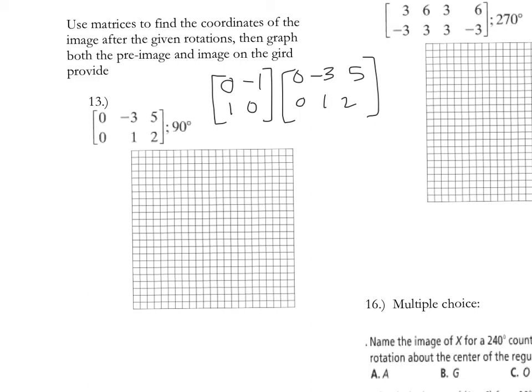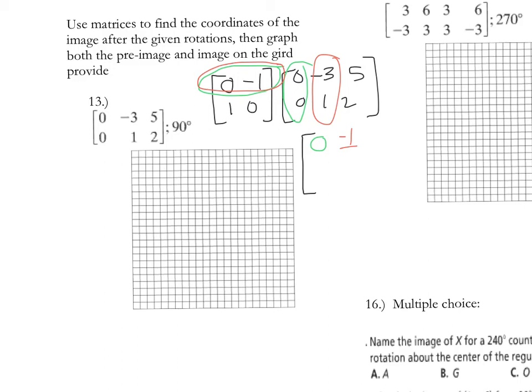So you take your first row in your first column and you multiply. You do 0 times 0 plus negative 1 times 0, and you put that in this spot. Next spot, first row, second column is going to go right here. You do 0 times negative 3, which is 0, plus negative 1, which is negative 1.